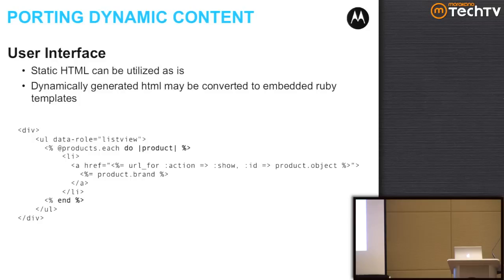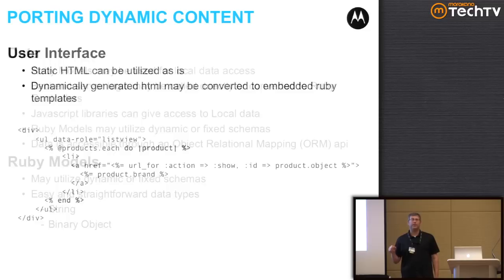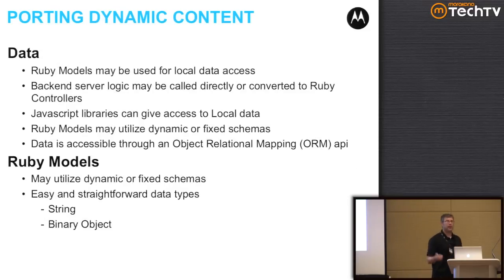You can specify the action, specify the ID, and it's a little bit more flexible and generic when you create your code. But in general, there's not a lot of complexity to these templates. Again, for the most part, you'll use the embedded Ruby to do things like loop through data sets and pull data out of variables.